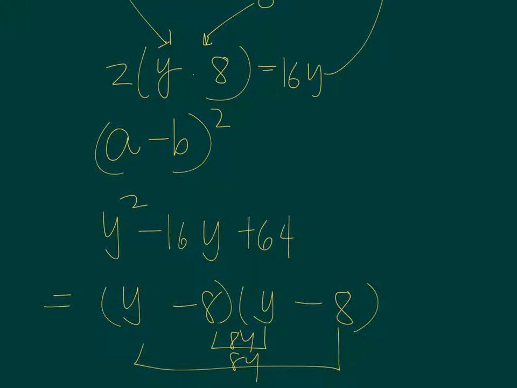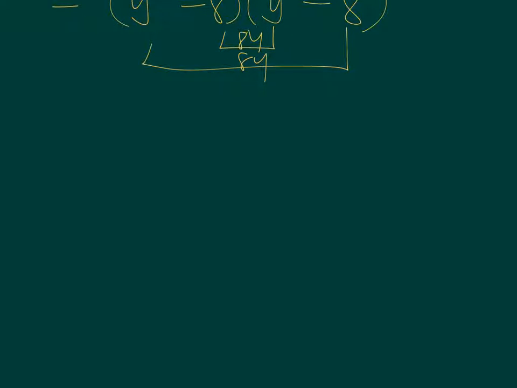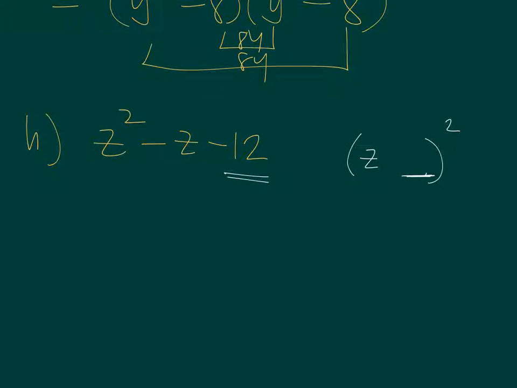Okay, next, letter H. So in letter H, we have z squared minus z minus 12. If you take a look at letter H, it is no longer of that type from 2F and G because of 12. 12 is not a perfect square, so we cannot force this to be something squared in which this is z and this is a whole number.